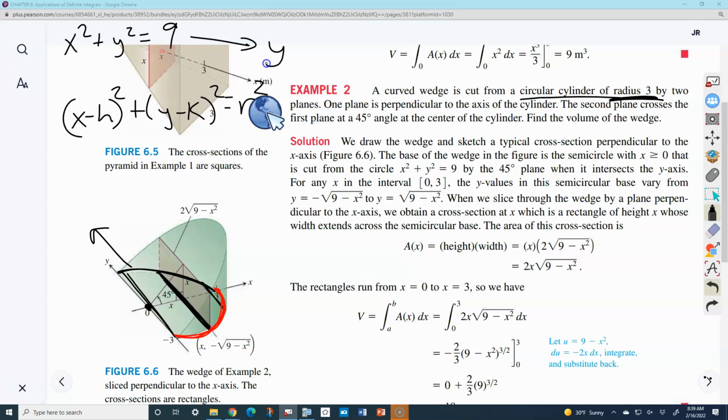So I can say y squared equals 9 minus x squared, and then take the square root of both sides. I would get y equals plus or minus the square root of 9 minus x squared.